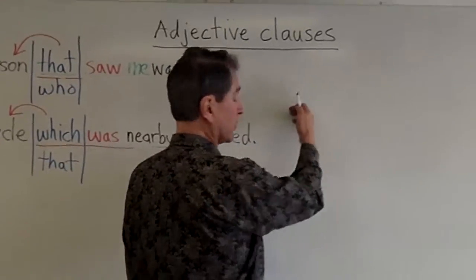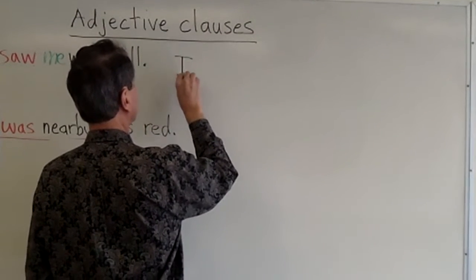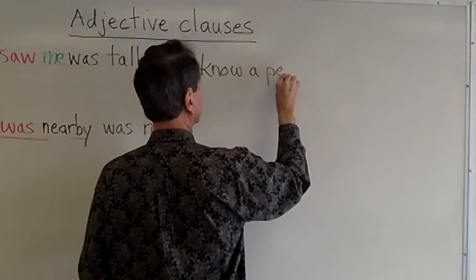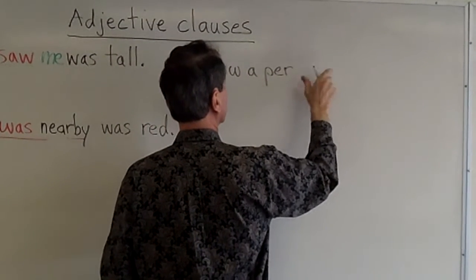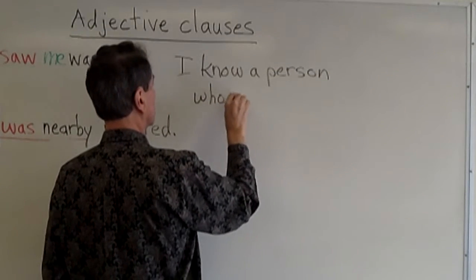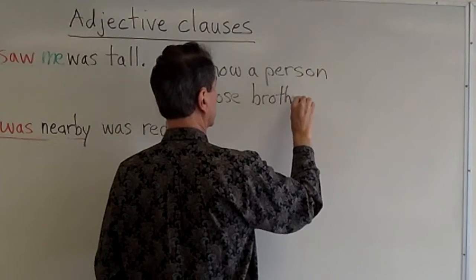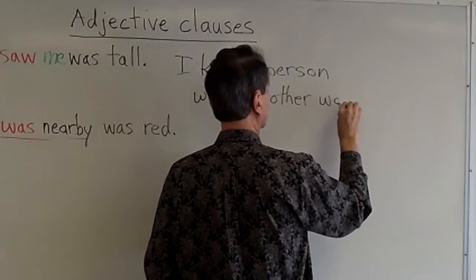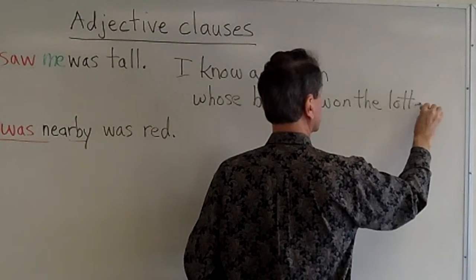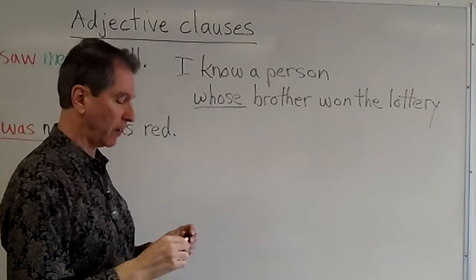Over here on this side of the board, I'll put an example. I know a person whose brother won the lottery. Now this person didn't win the lottery, but his brother won the lottery.